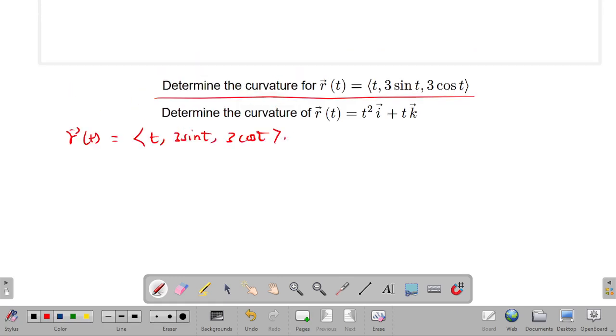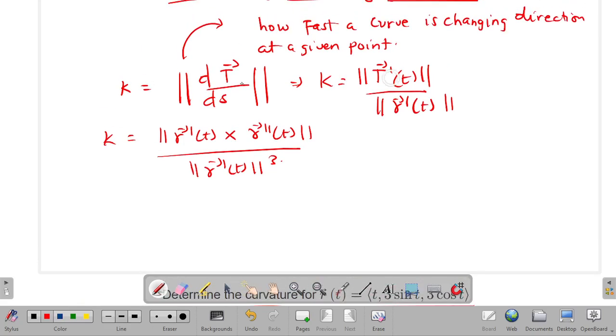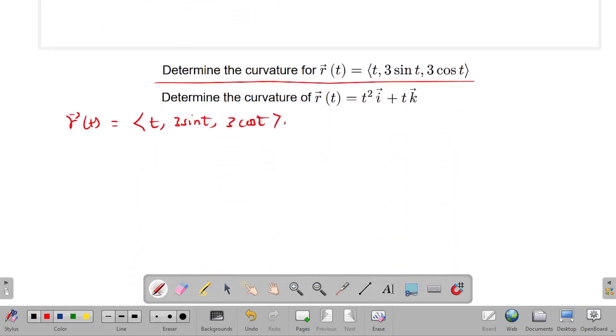We go back to the formula, and looking at the vector function I have, I can simply go by this formula: finding my tangent vector, then I'll find the derivative of the tangent vector, then after that, I'll find its length divided by the length of my initial derivative of the vector. As simple as that.